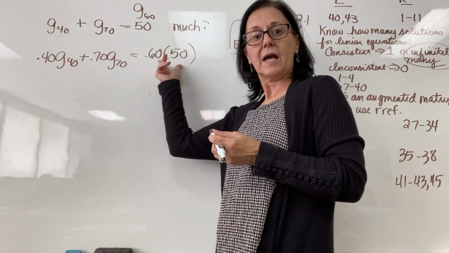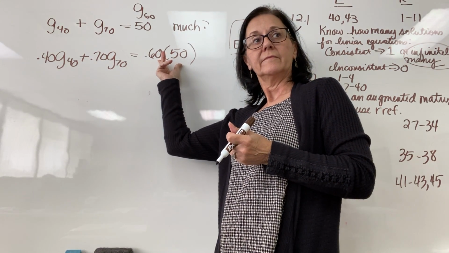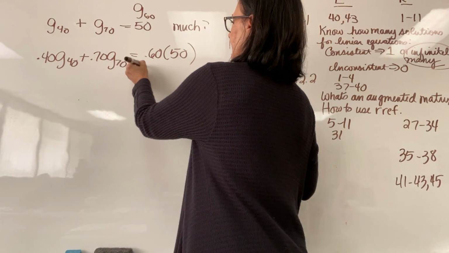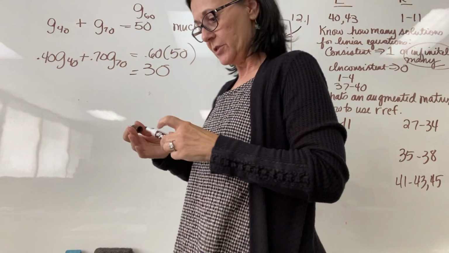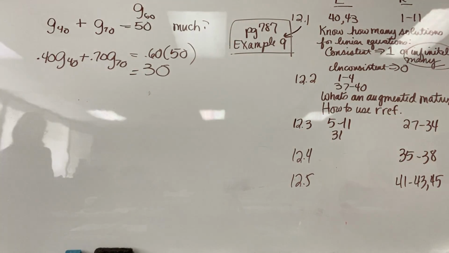Is 0.6 times 50, is that just 3? It's 30. Okay, I think I'm just going to do matrix. I mean, why not, right? Would it be a 2 by 3?